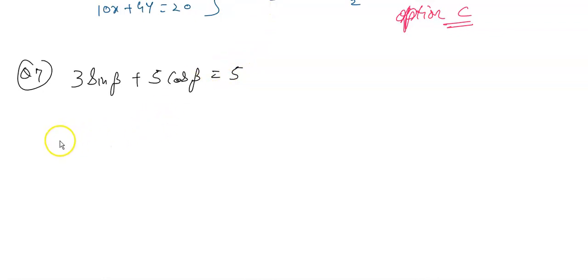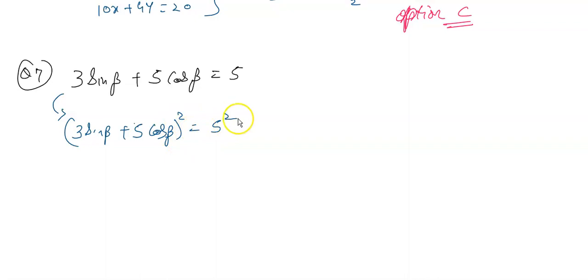तो उसकी वैल्यू निकालने के लिए हमें इसको स्क्वायर करना पड़ेगा, राइट. So if I square this both sides, I get (3 sin beta plus 5 cos beta) whole square equal to 5 square.